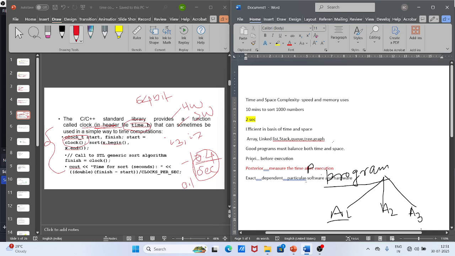So it's changeable. So we are not taking this for the time complexity measurement. We take this one, priority, before execution. So before execution we measure the time. This is an approximate value. It gives the approximate value.